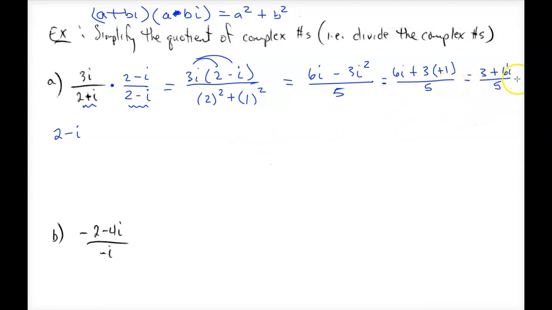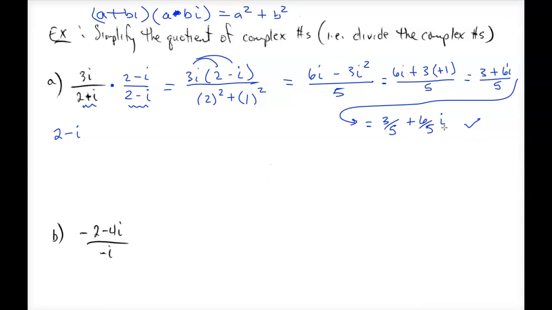Then finally, to keep this in true complex number form, we want to separate the real part and the imaginary part. So here we would say 3 divided by 5 plus 6 divided by 5i, and that is the proper way to write that answer.